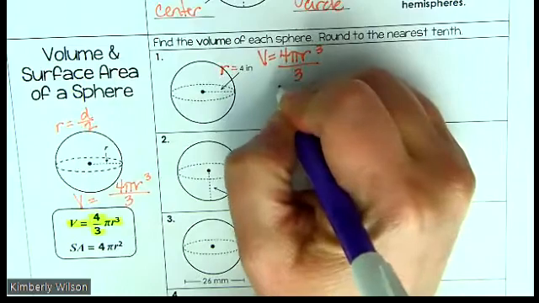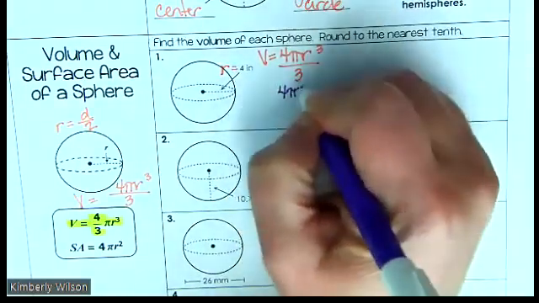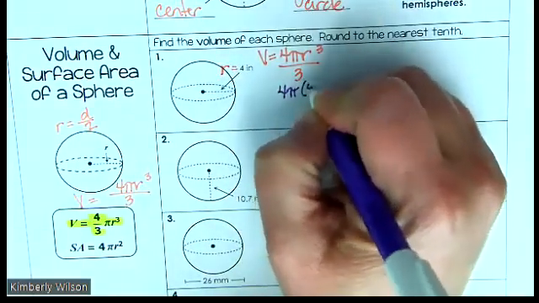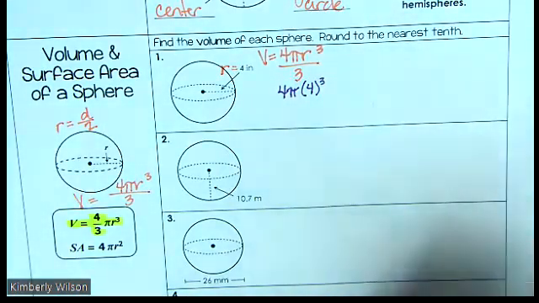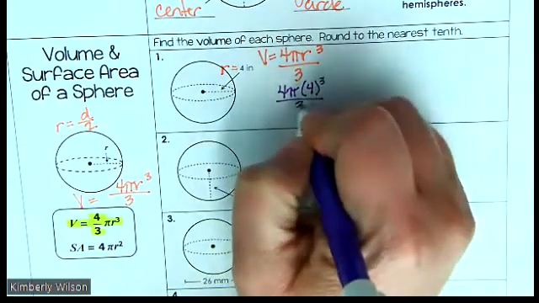So I'm now going to have 4 pi times 4 raised to the 3rd power all over 3.